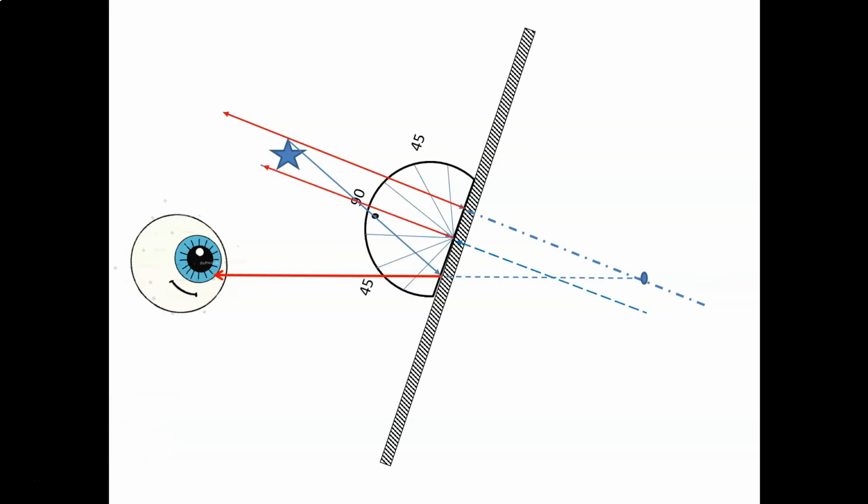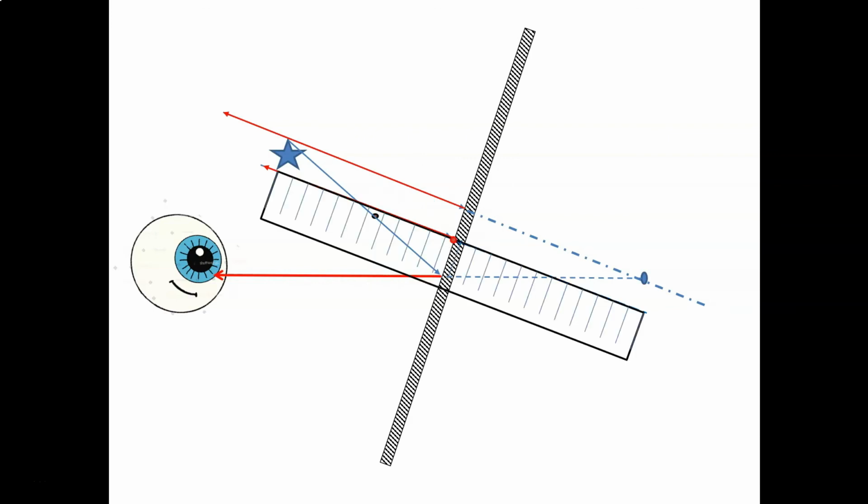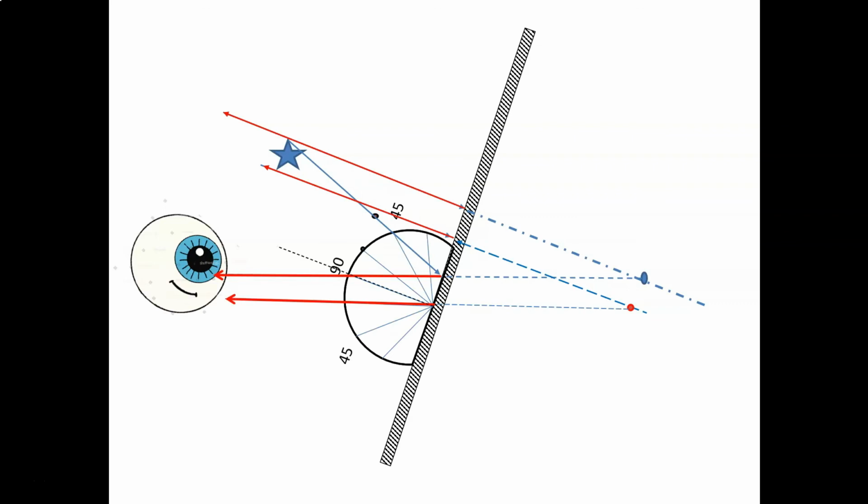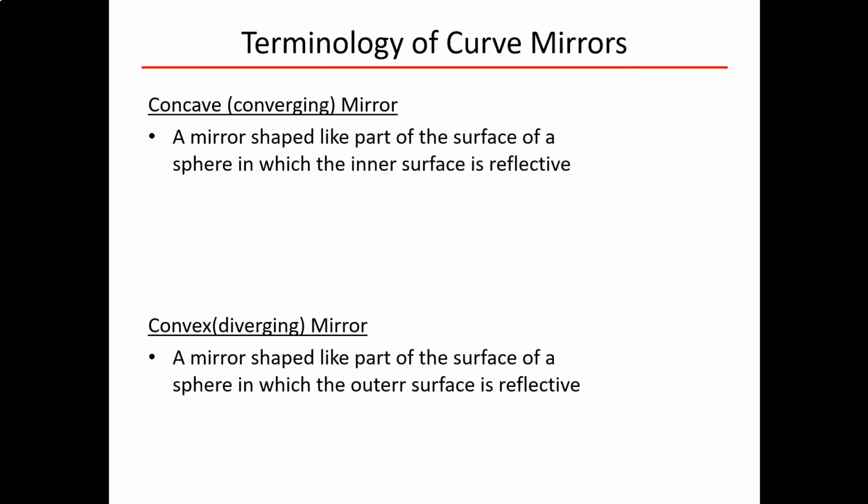Okay, then we do the same for the bottom: perpendicular, measure the distance, add the point, add a reflected ray as if it's coming from the eye, measure our angle of reflection, measure our angle of incidence, add the incident ray so that it can hit the eye, and then add the image.